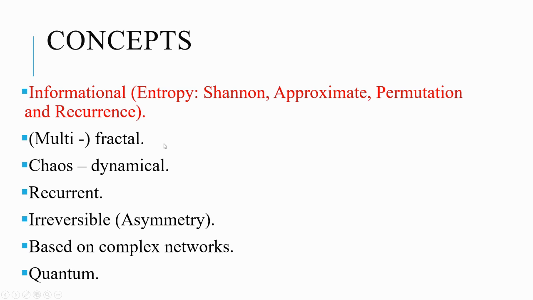So definitely there are a lot of topics for discussion, but in today's talk I would like to devote my attention to informational measures of complexity, namely entropy measures such as Shannon entropy, approximate entropy, permutation, and recurrence-based entropies. Definitely there are many more approaches, but we found these approaches to be really interesting and really reliable.